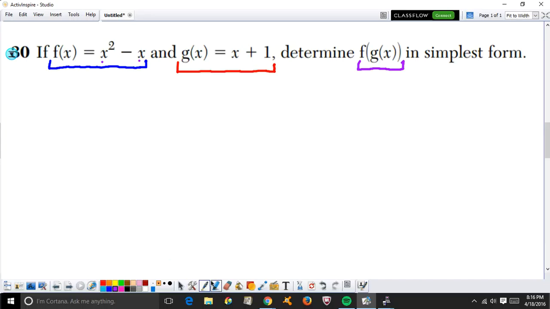So what do we have now? We have that f of g of x is equal to, I see an x, I need to substitute x plus 1.